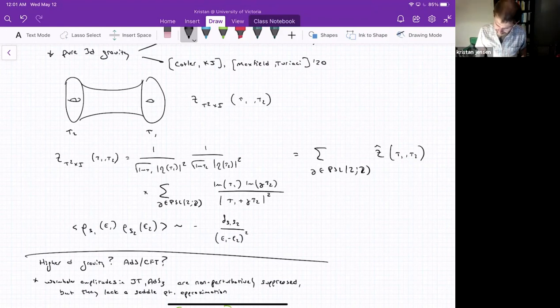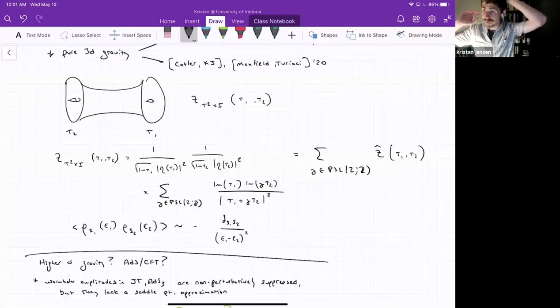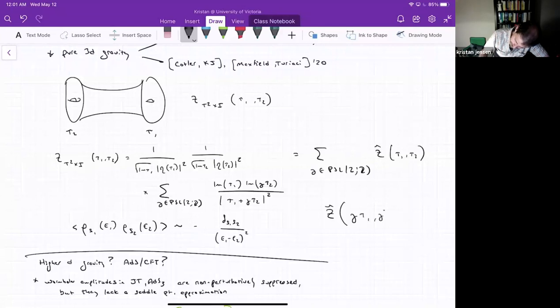And this pre-amplitude has a property that generic amplitudes in AdS3 do not: it's not modular invariant under independent transformations, but it is invariant under simultaneous transformations of the two boundaries. In other words, z tilde of (gamma tau 1, gamma inverse tau 2) is z tilde, the pre-amplitude.